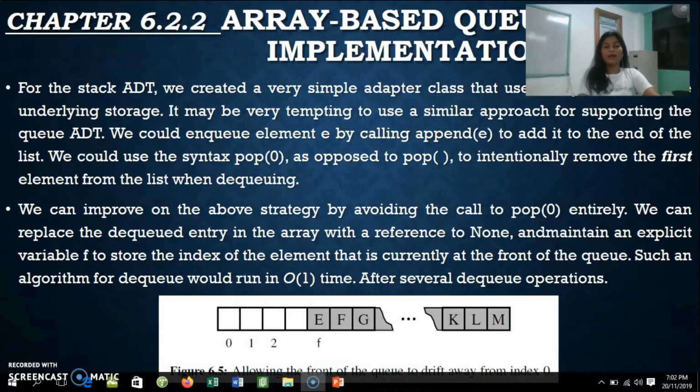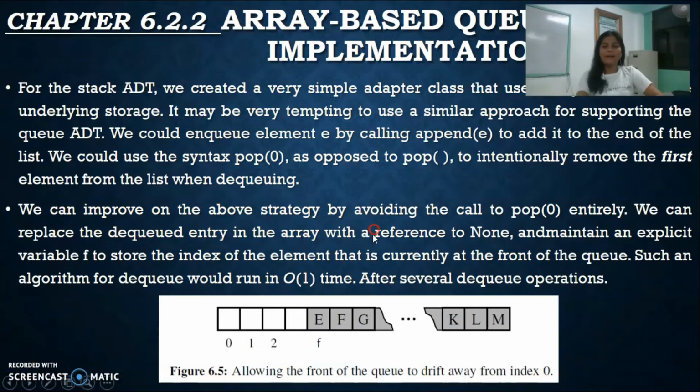We could enqueue element e by calling append(e) to add it to the end of the list. We could use the syntax pop(0), as opposed to pop(), to intentionally remove the first element from the list when dequeuing.